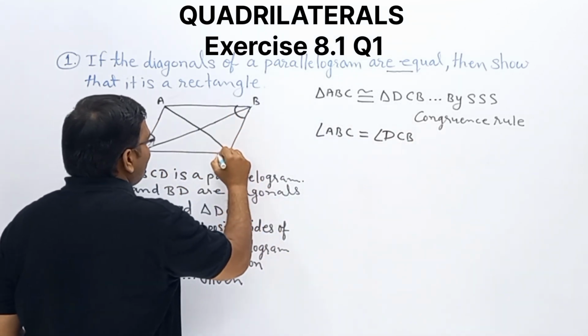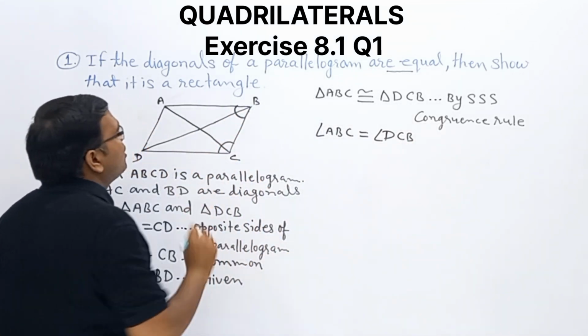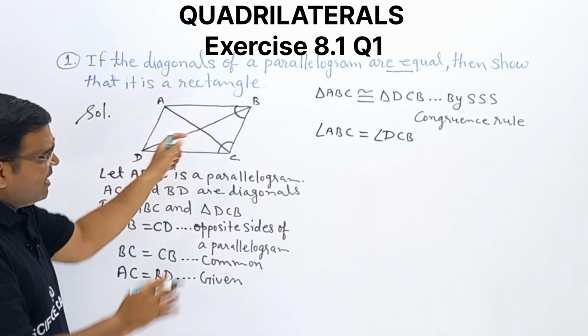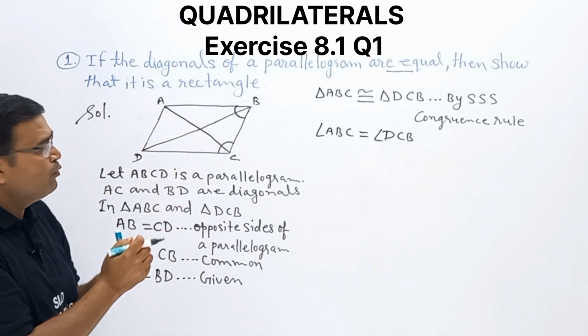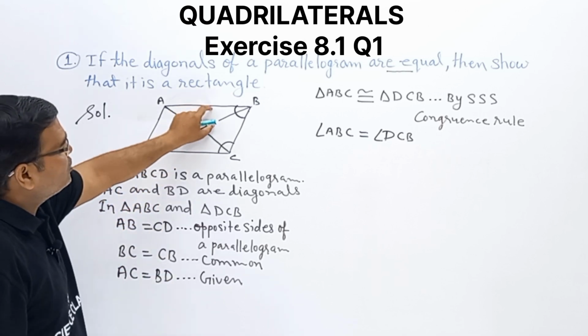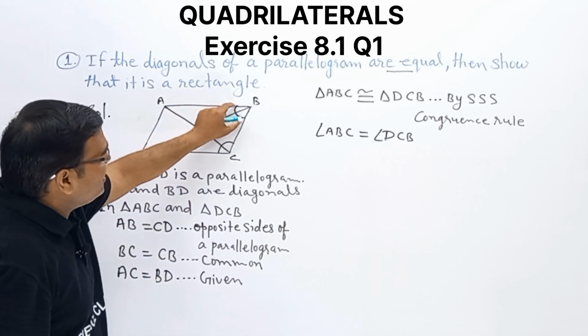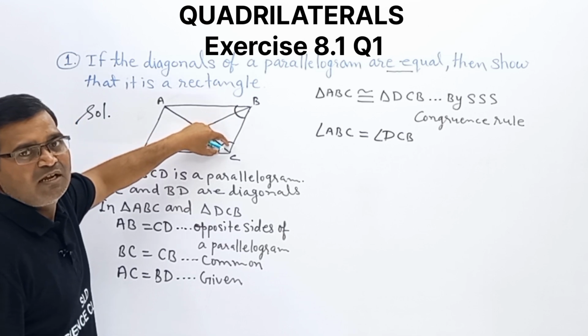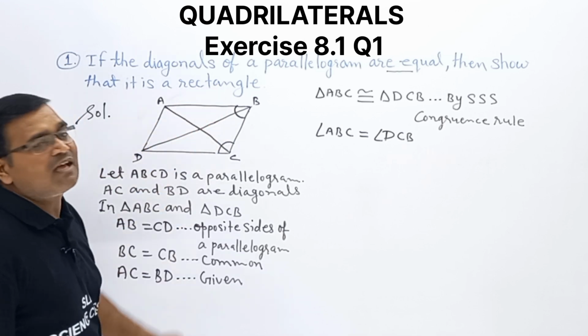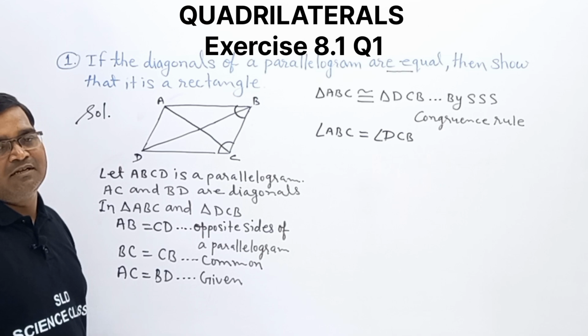This angle will be equal to this one. Both triangles, by observing, we cannot say both are equal. Once we observe both triangles, this one is less than 90, but this is more than 90. But both triangles are congruent, we proved.